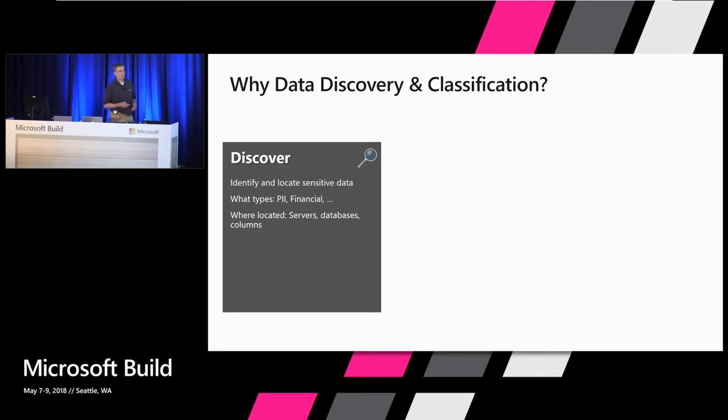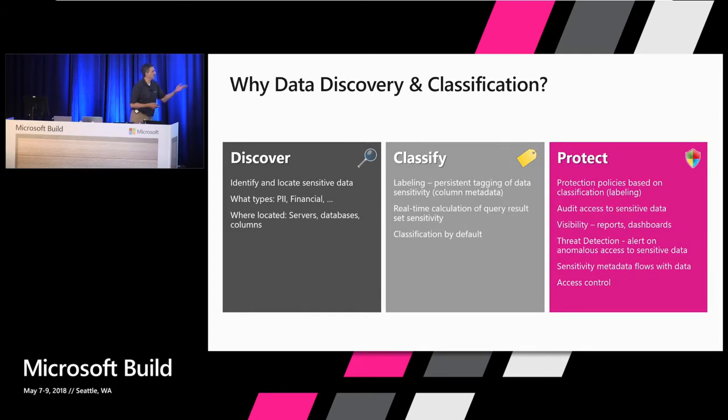Now, I think we all know why that's needed. The reason you want to identify sensitive data and classify it is because you want to make sure it's protected. And it's not such a big deal if you have like this Adventureworks database with 17 tables or maybe 20 tables or so. But if you have a large database with hundreds of tables, sensitive data can be anywhere.